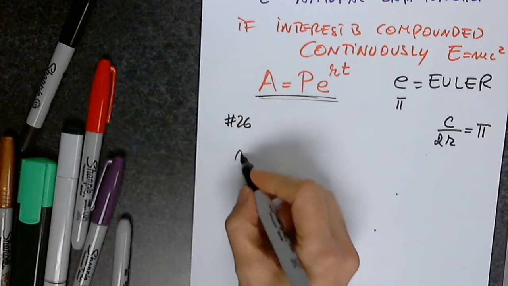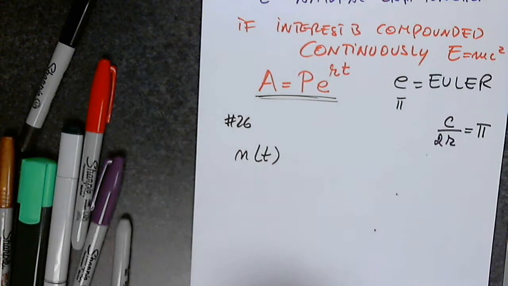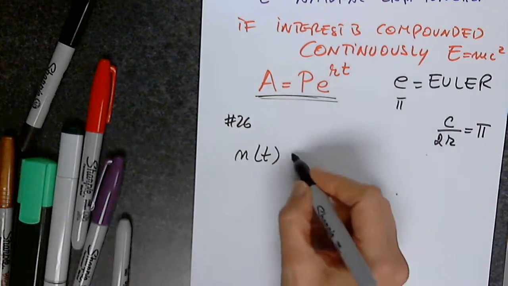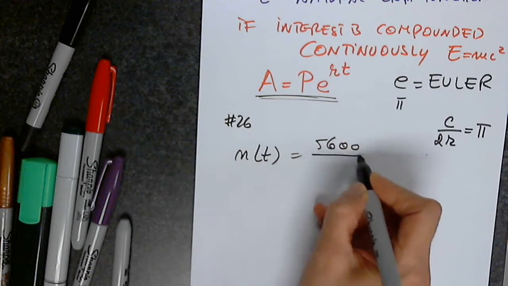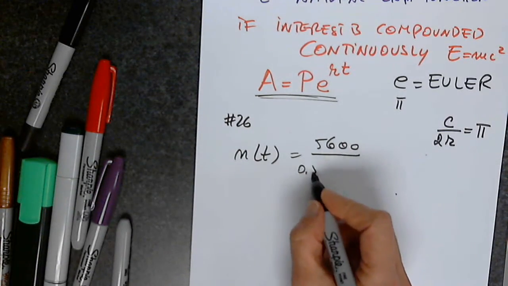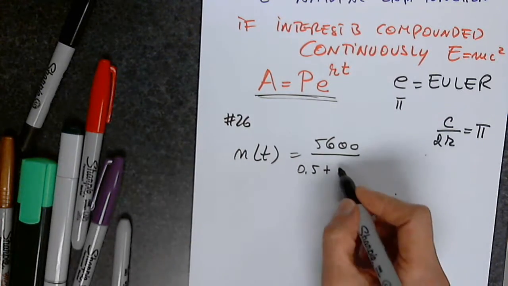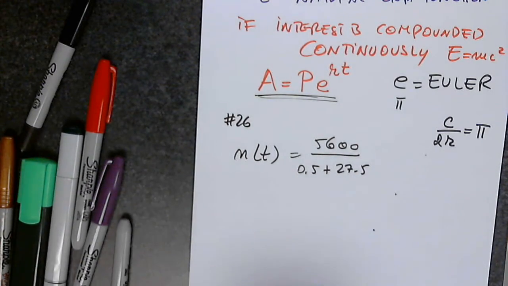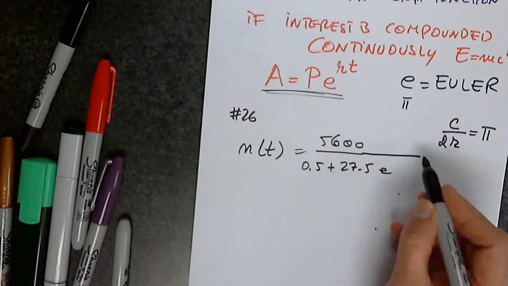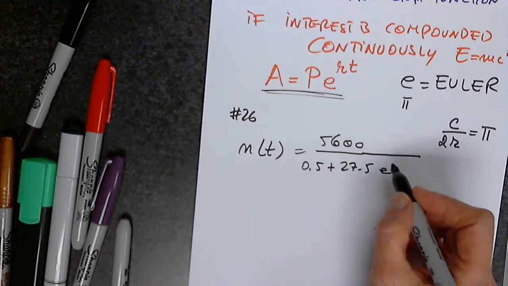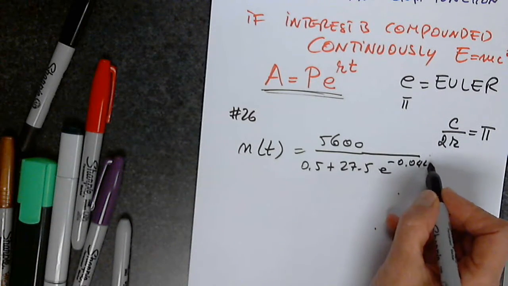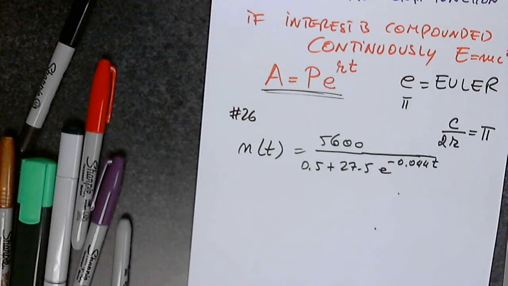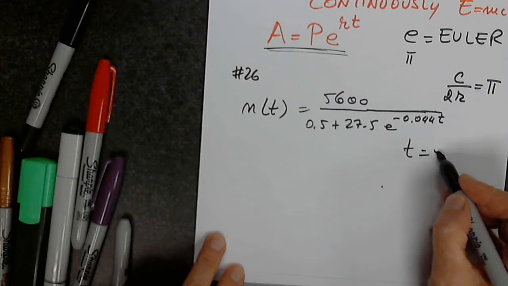So N of t, number of birds as a function of time, equals 5,600 over 0.5 plus 27.5 times e, still in the denominator, raised to negative 0.044t, where t is measured in years.